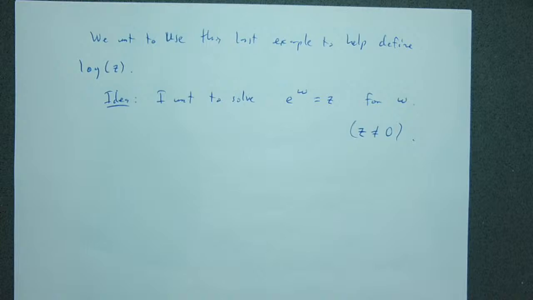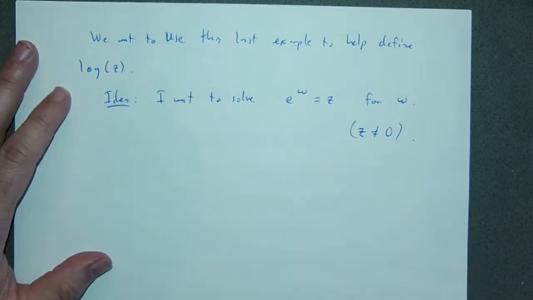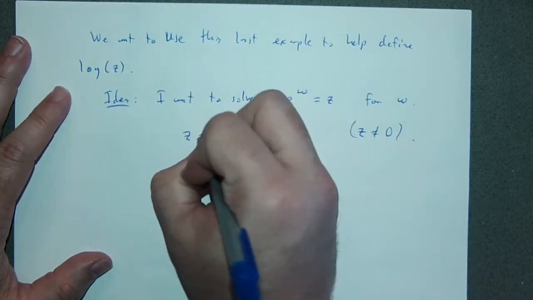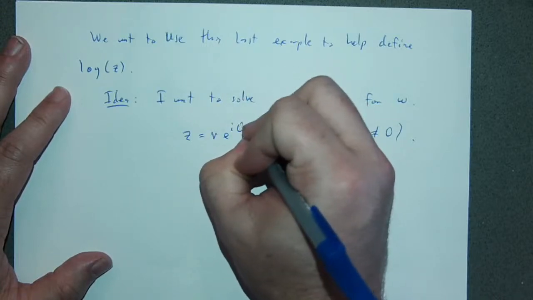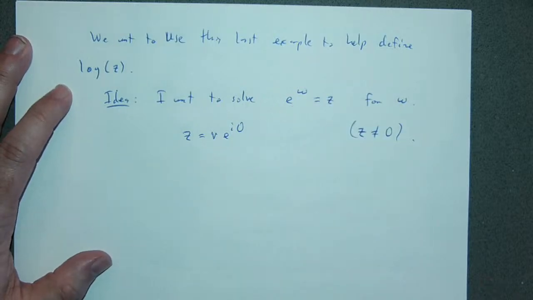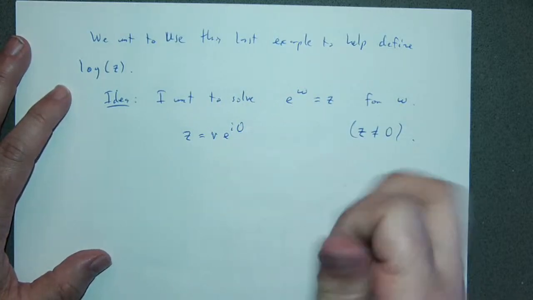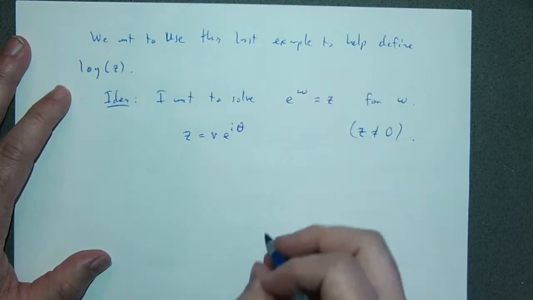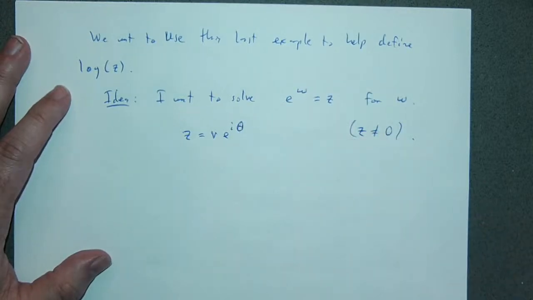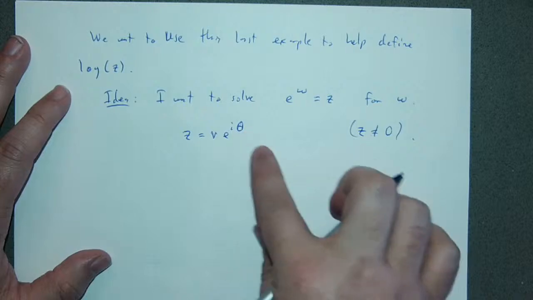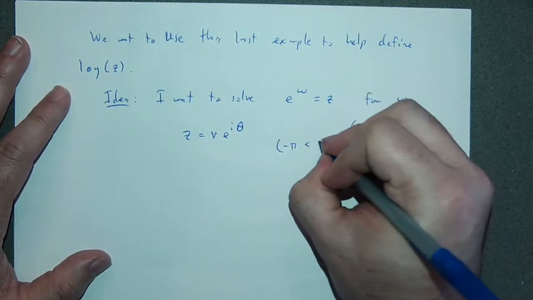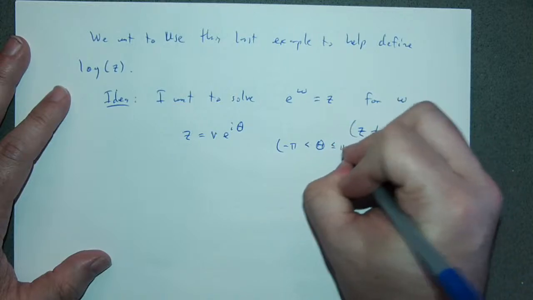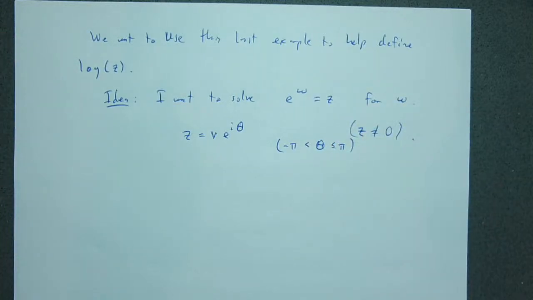And so let us do the usual thing here. Let's write z in polar form. So we'll write z as r e to the i theta, and let's actually go ahead and use the principal argument here, so I'm going to write that as capital theta. I'm going to express here that this capital theta is between minus pi and pi. So this is the principal argument that I'm using here.